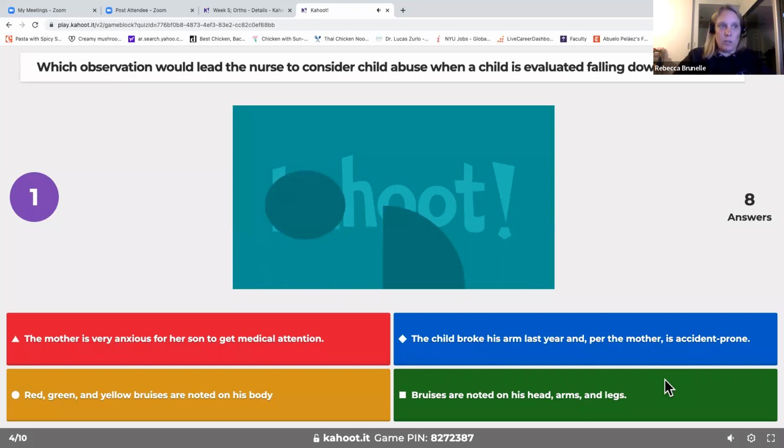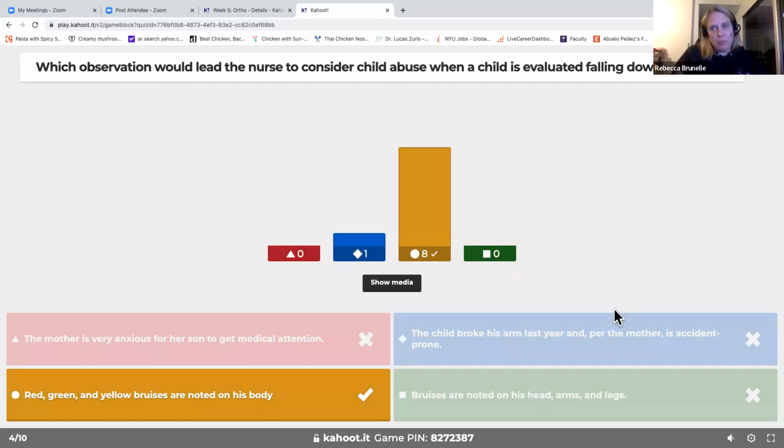Very good. So the bruises in various stages of healing, this is a sign of child abuse. Maybe you should make a note that mom says he's accident prone. Sometimes kids are accident prone and they fall a lot. But this is the one for sure. Bruises in multiple stages of healing is a red flag for child abuse.